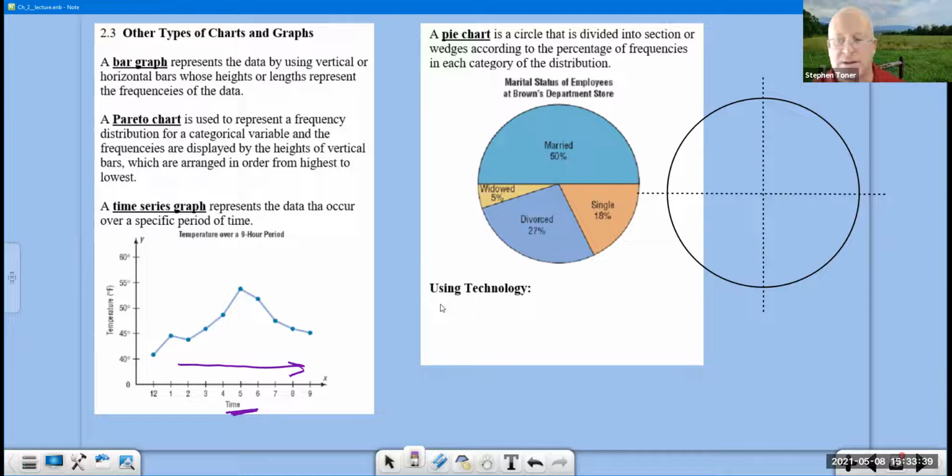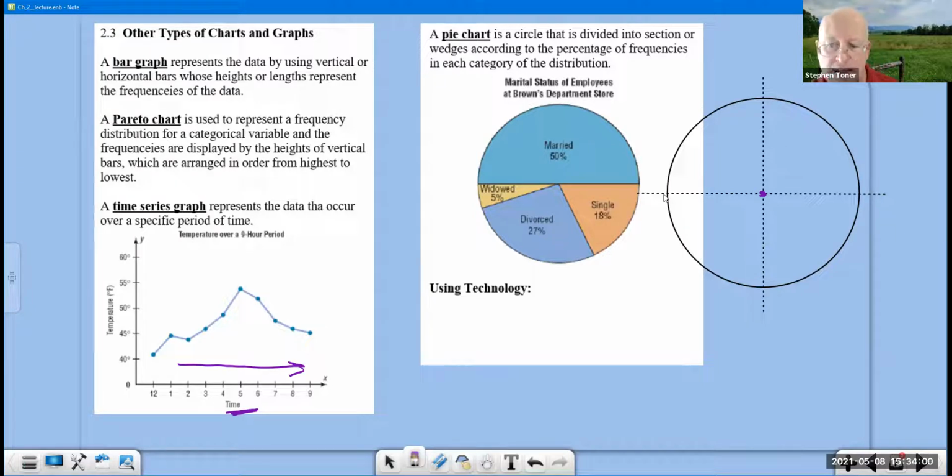When you are doing this by hand, first off, you have to be able to draw a circle. Take a cup or something and put it on the table and draw a circle around it, or use a compass. And then as best as you can, find the center of the circle, and put a dot there.